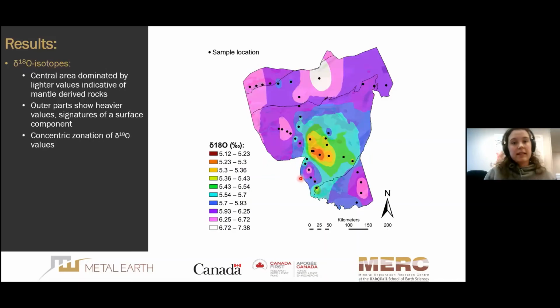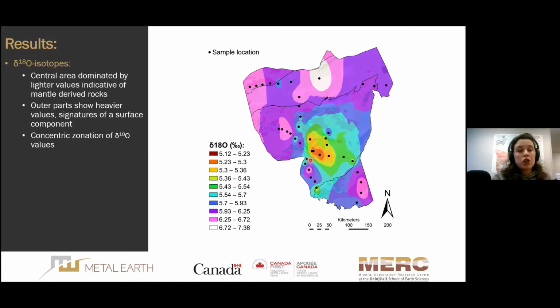And if we look at the same map, but with the delta 18 oxygen isotopes, we do see similarities. It seems like the central area is dominated by the lighter oxygen values. And that's indicative of mantle-derived rocks. And if we then again study the outer parts, the color changes and the oxygen value seems to be heavier.